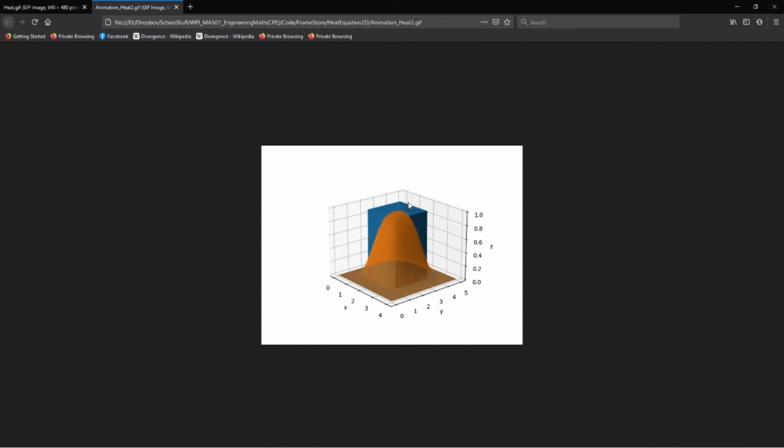For the values of b and c here, I used value 4 and 5, so 0 to 4 in x and 0 to 5 in y. I encourage you to go through and maybe do another 1 or 2 problems just to make sure that you have the process down.